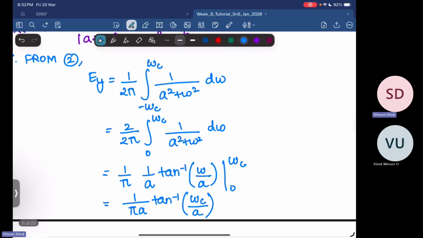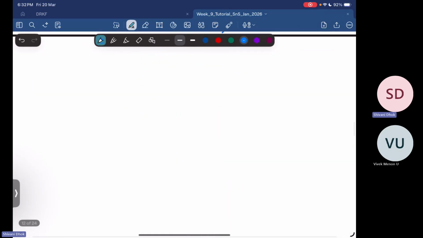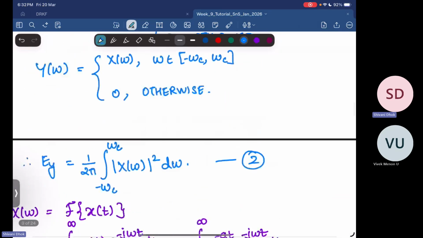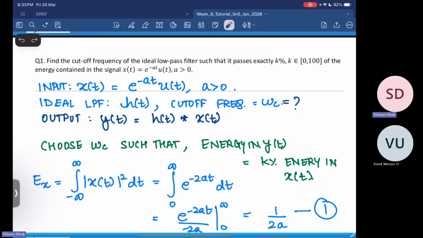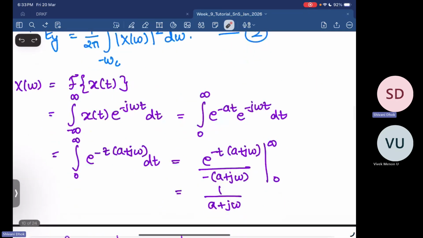Now this is what? This is the energy of your output. Now they have given you a relation between your Ey and Ex. So your energy in Y, that is Ey, should be equal to k% of your energy in X, that is Ex.